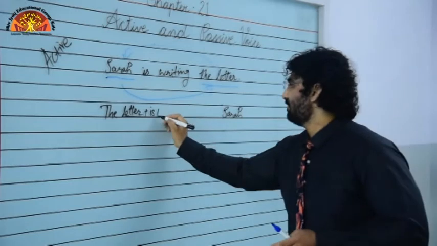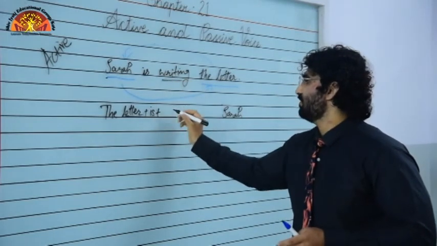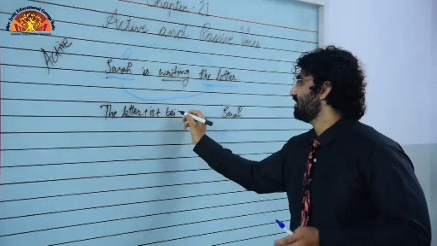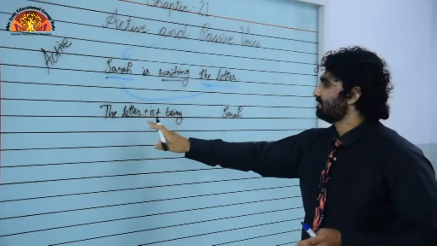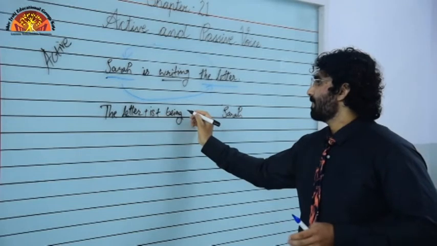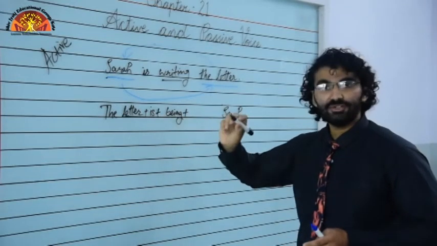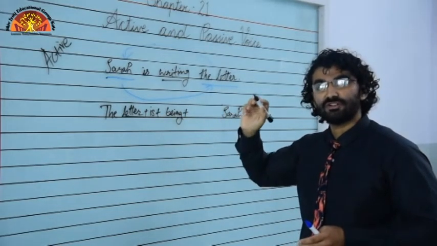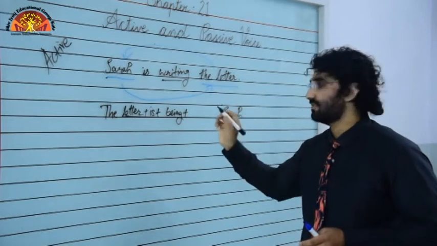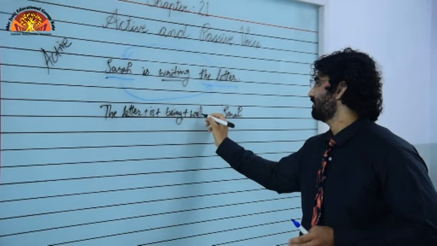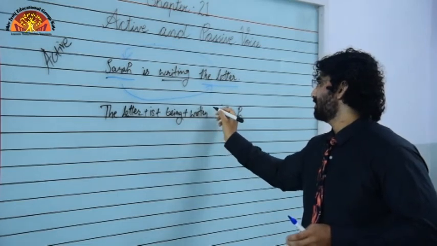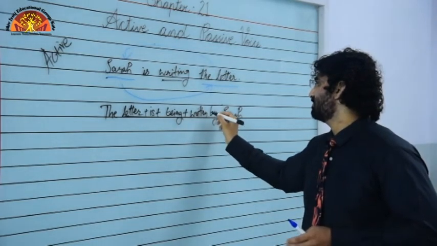Then we will replace the ing form with being. This is what happens in every present continuous tense case. This plus is plus being plus third form of the verb, past participle. The letter is being written by Sarah, plus by.